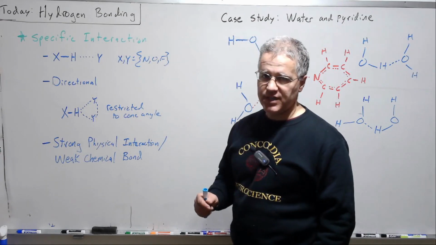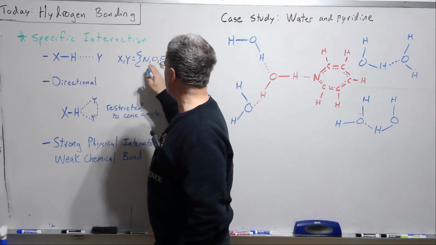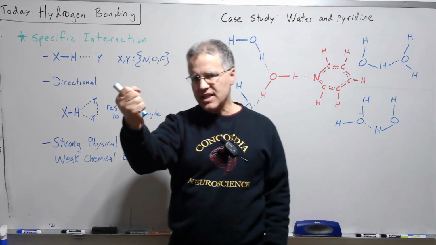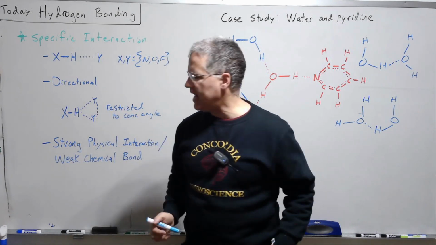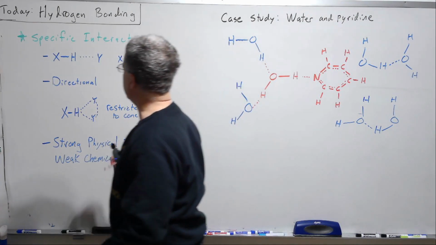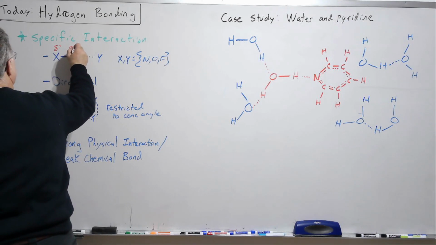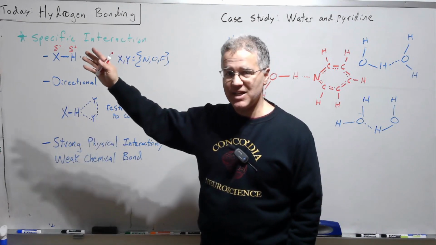And under those conditions, if we have an oxygen, nitrogen, or fluorine bonded to a hydrogen, that's electronegative enough to start pulling off a bit of that electron density towards the more electronegative atom. So this bond is polarized, and hydrogen doesn't have many electrons around it.